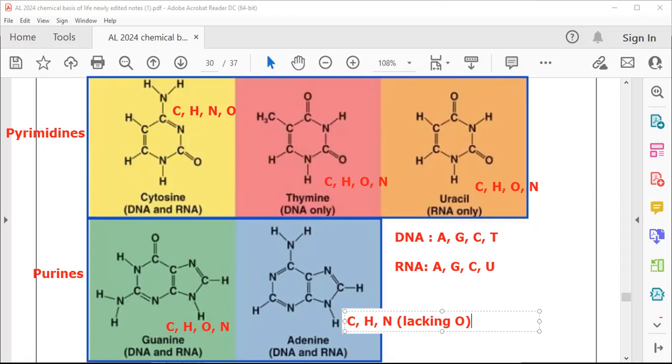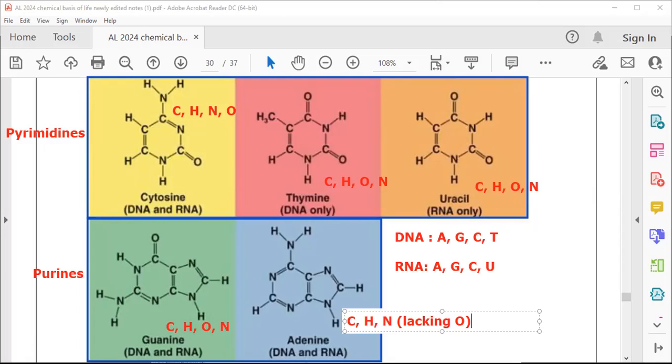How many rings make the purines? Two rings. What are the nitrogen bases found in the DNA? Adenine, guanine, cytosine, thymine. RNA: adenine, guanine, cytosine, uracil. So if these details are clear, we can move further.